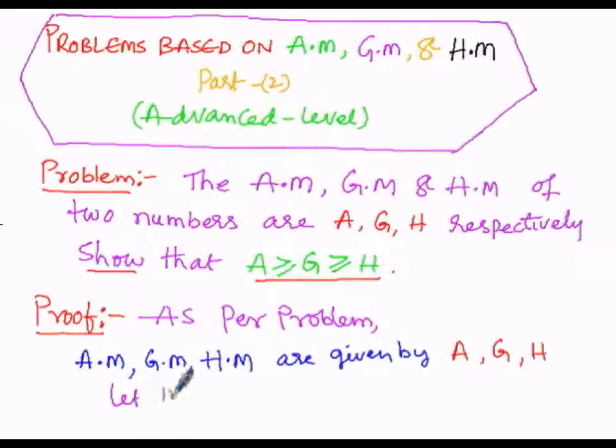Let the two numbers be one is small a, and the second one is small b. So here the arithmetic mean of these two numbers a and b is given by A.